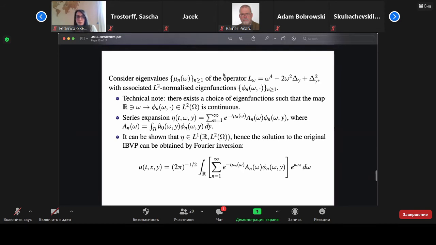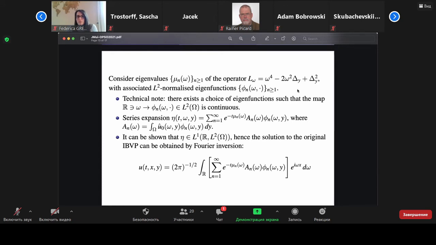A very important technical note is that there exists a choice of eigenfunctions so that the mapping omega going into phi n omega, which is an element of L2, is continuous. We do make use of that in quite a crucial way.